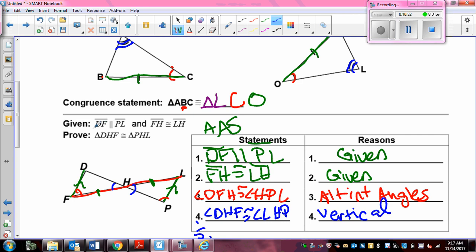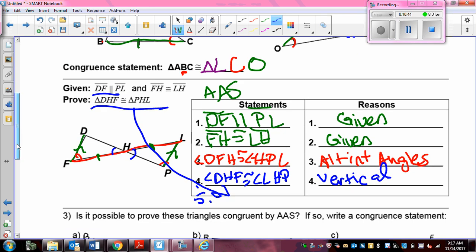Now our last step is just to rewrite what we're trying to prove. So these triangles are congruent, and we know that they are because we have an angle, and then the very next side. So that is angle, angle, side, because of angle, angle, side postulate.